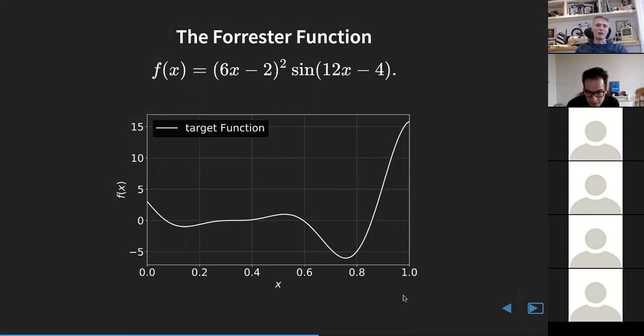It has a rather nice form that Carl-Henrik was already using to show Bayesian optimization, because it's got interesting shapes where you might get stuck when you're doing 1D optimization, but there's one global minimum within the domain of 0 to 1. So that's the Forrester function. If you're interested in the sort of things people are doing with surrogate modeling, Alex Forrester's website is a really cool place to go and look.